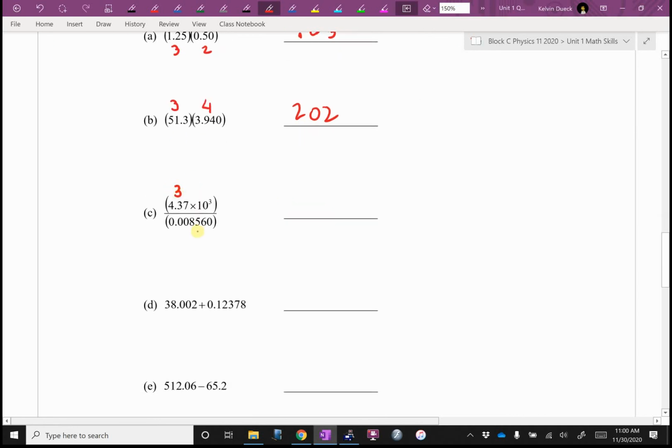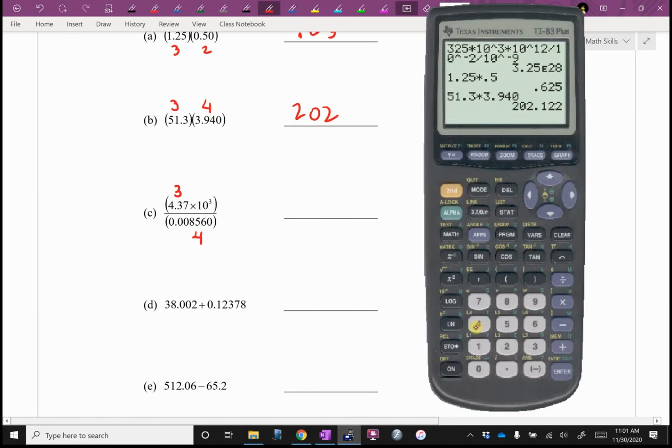3 sig figs, 4 sig figs, because there's that 0 on after the 6. I'm going to round to 3 sig figs. 4.37, scientific notation button 3, divided by 0.008560. What did I, 3 sig figs. I guess the third sig fig is the 0.